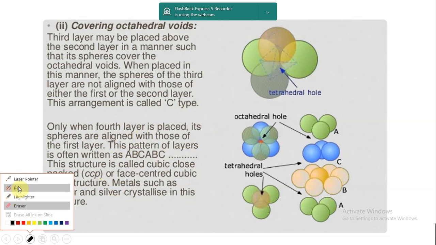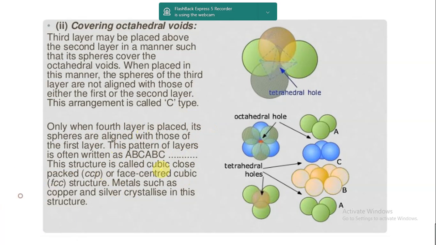So it is again a point to remember that CCP and FCC, that is, the cubic close packed structure and the face centered cubic structure, are of which type?